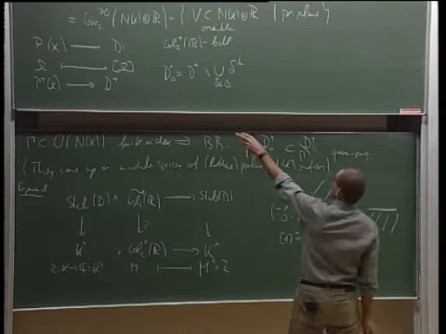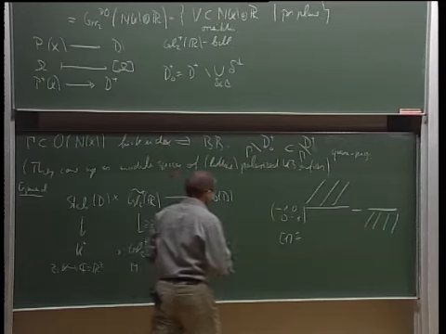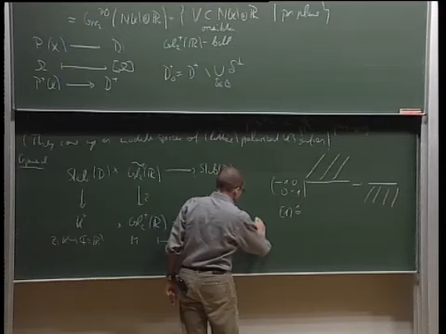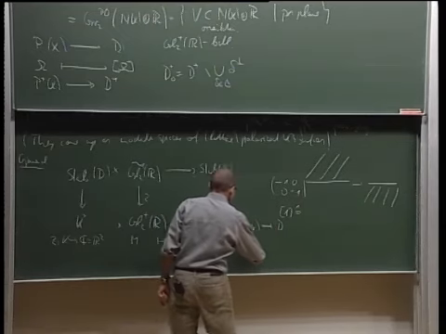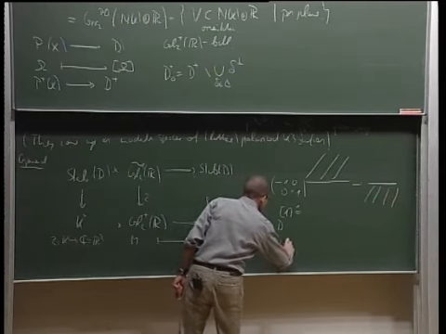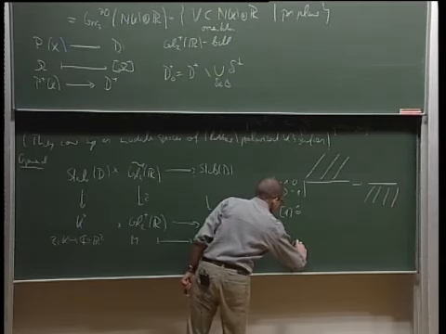And so, in a way, passing from P of X to this period domain D corresponds to passing from Stab to the quotient of Stab by the GL2 R action.